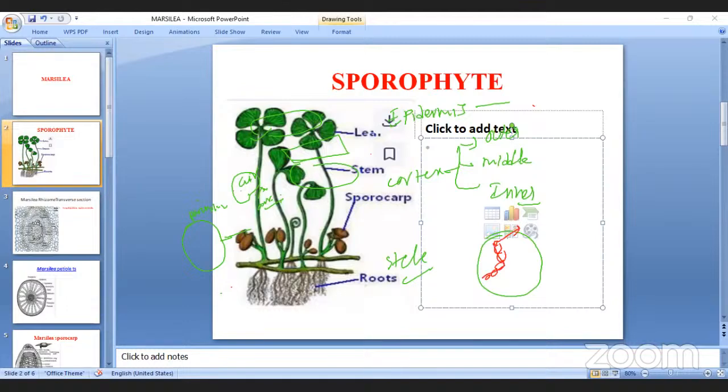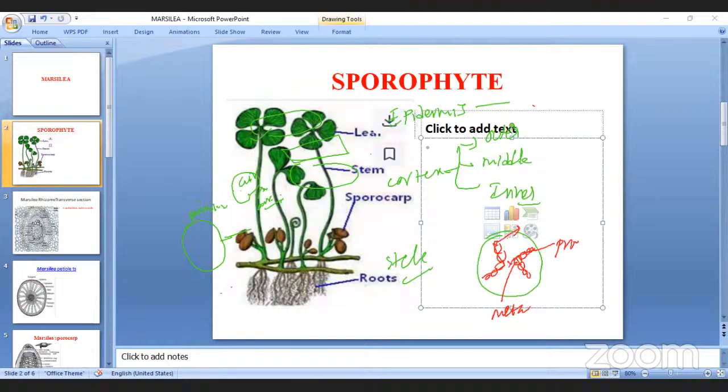So how many arcs like this? Two arcs, also the same V-shape. So this is protoxylem. This is metaxylem, center metaxylem, outer protoxylem. So this V-shape is the characteristic feature.